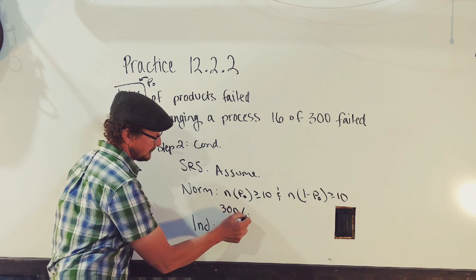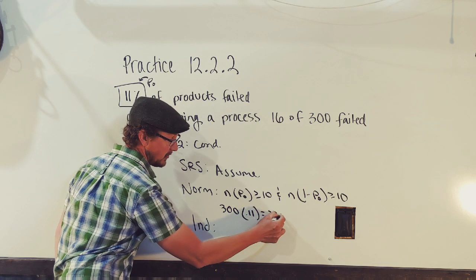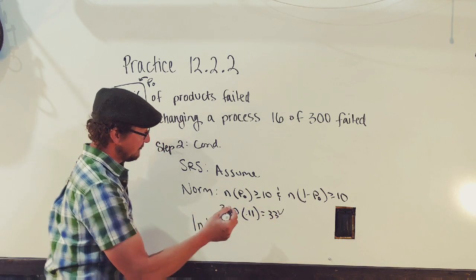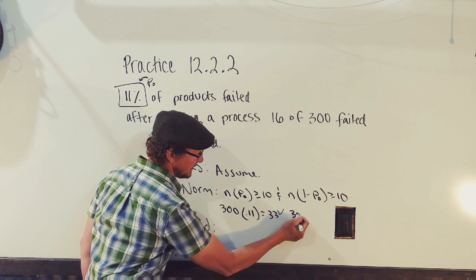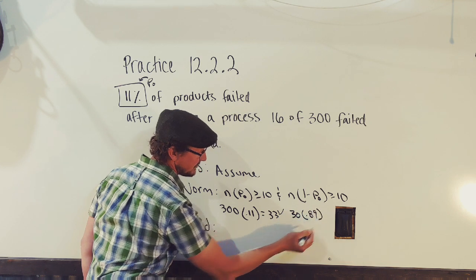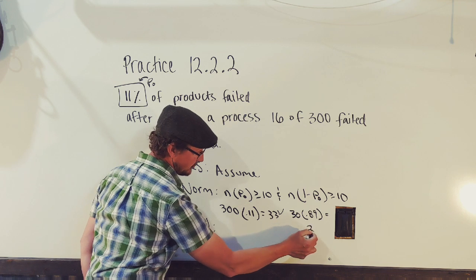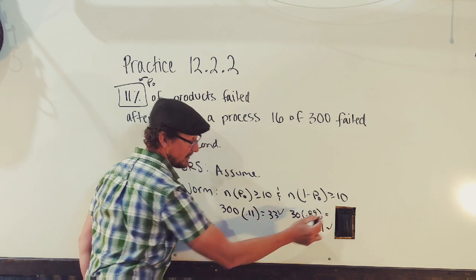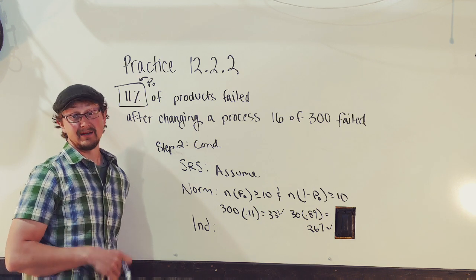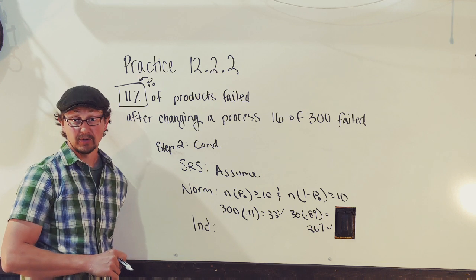11% times 300 is 33, so we're good to go there. If I did 300 times its complement, 89%, what would that be? That would be 267, so that one is definitely good to go. So it looks like we've got normality. Big sample size really is what it's all about when it comes to proportion problems.